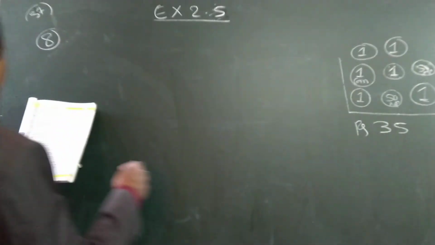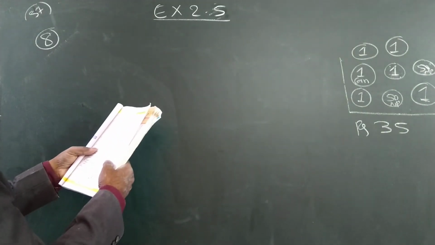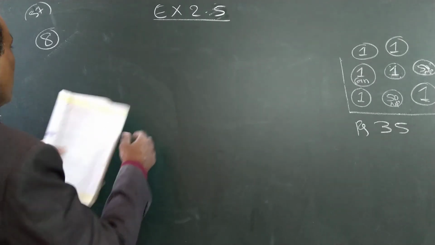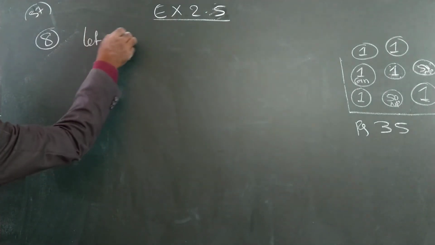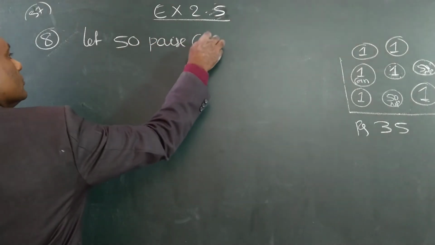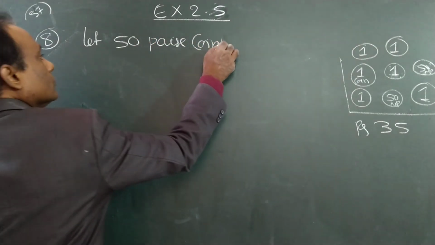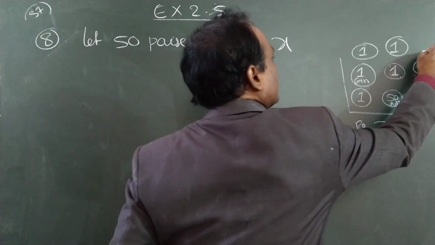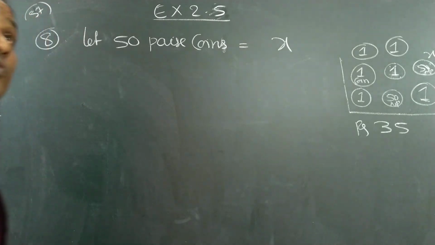See here. It contains 3 times as many 50 paise coins as 1 rupee coins. Let 50 paise coins be x.